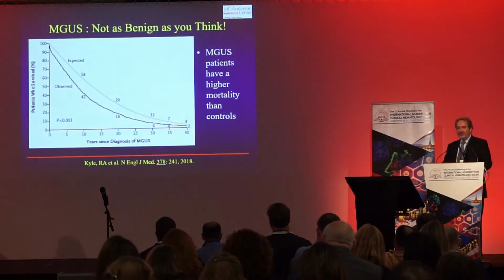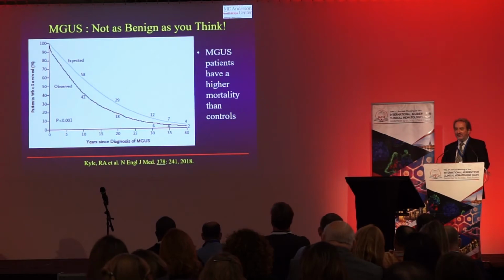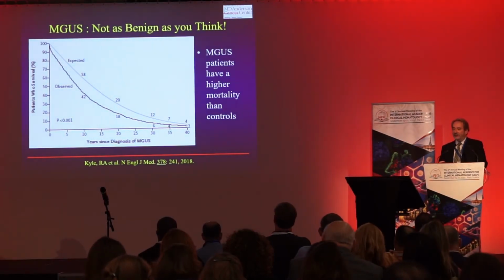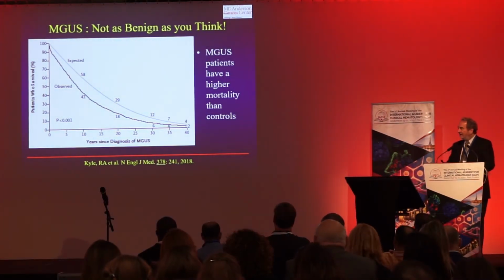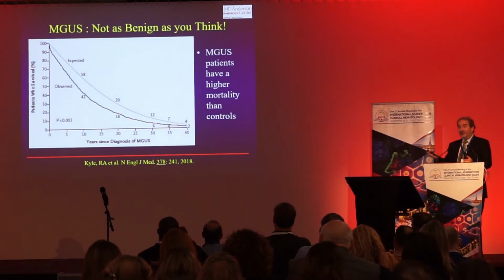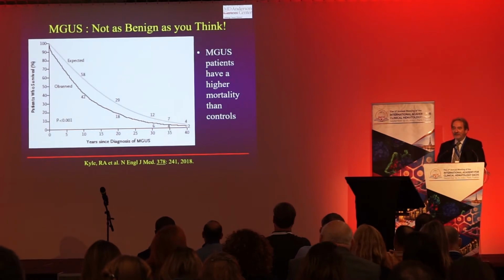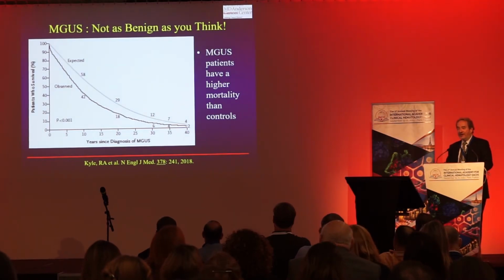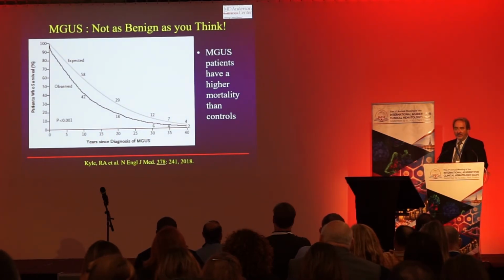I think when I went to medical school, and that was a long time ago, by the way, but it's still true, we all thought that MGUS was relatively benign, and you followed these people and nothing much happened. But in fact, we know now that although certainly MGUS is nowhere near as bad as myeloma, there are some problems that these patients face.